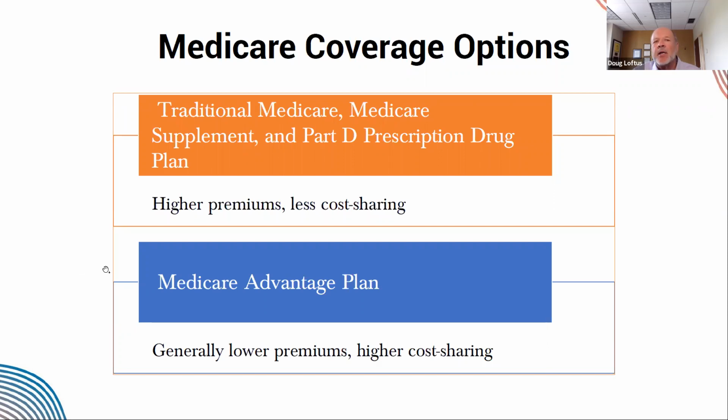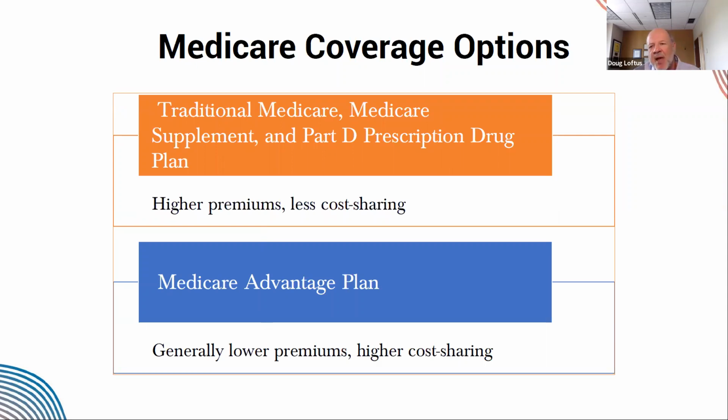The biggest part is who's the gatekeeper and what are the costs. So typically with traditional Medicare, Medicare Supplement, and Part D, you're paying a little bit more for the cost of the insurance, and you have very little out-of-pocket cost for anything other than prescription drugs. Whereas a Medicare Advantage plan, you have lower premiums, sometimes zero.